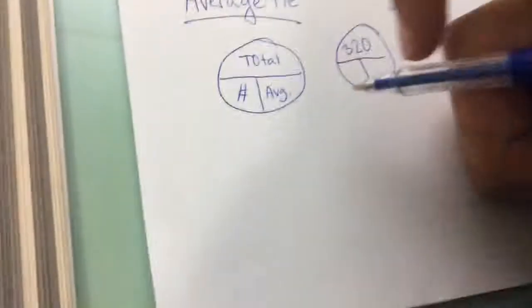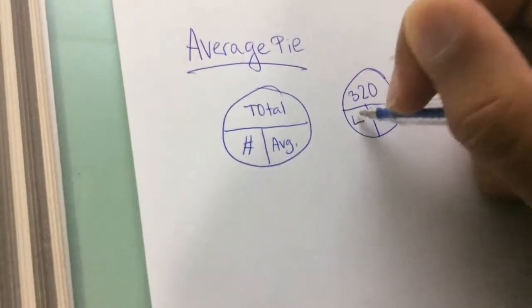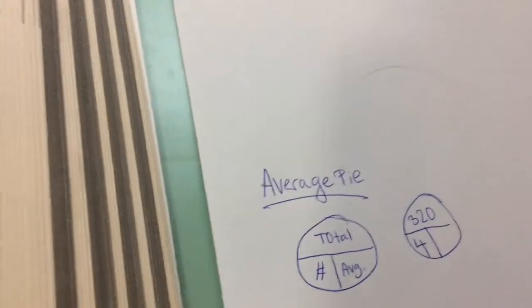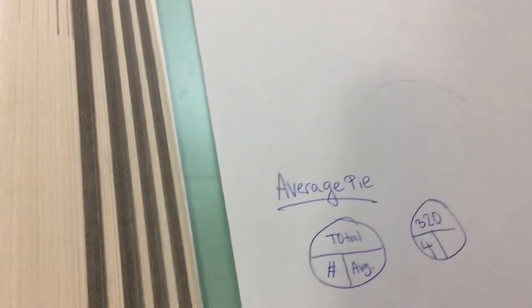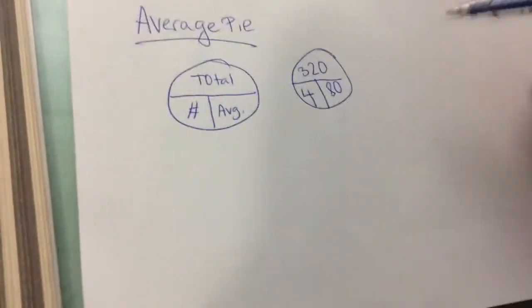How many tests has Maria taken? 4 tests. Now, what is the average? Here comes the functionality of the average pie. You just need to divide 320 by 4. That will give you exactly 80. And we already know this, guys. That's what the problem already gave us.